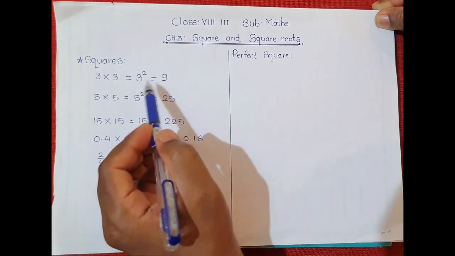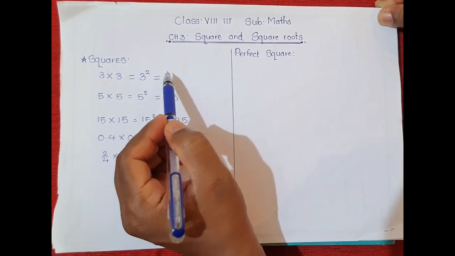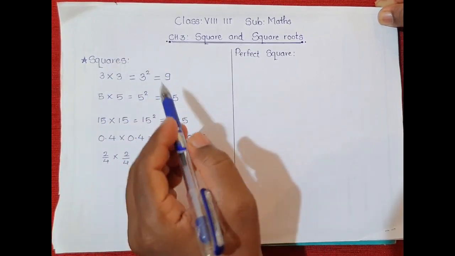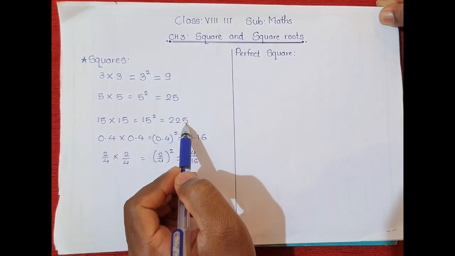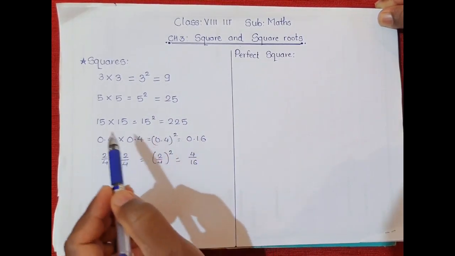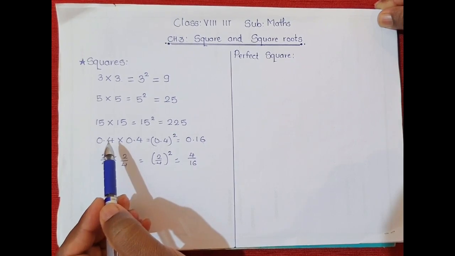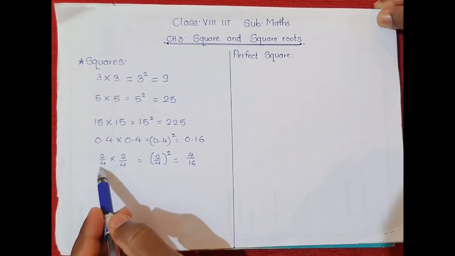Understood? So here 9, which is the product in this multiplication, is called the square of 3, 25 is called the square of 5, 225 is the square of 15, 0.16 is the square of 0.4, 4 upon 16 is the square of 2 upon 4.